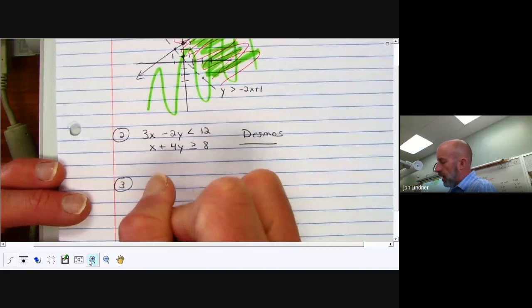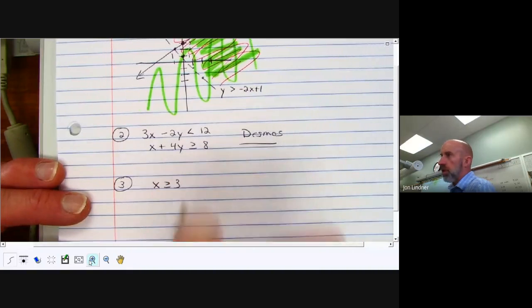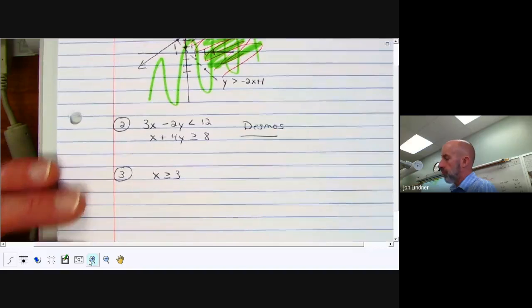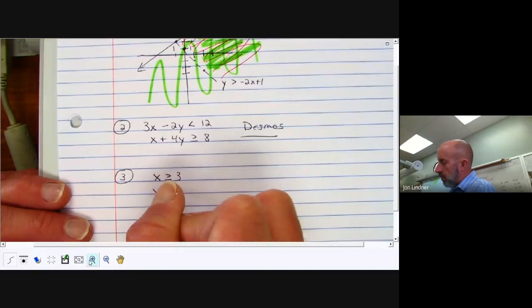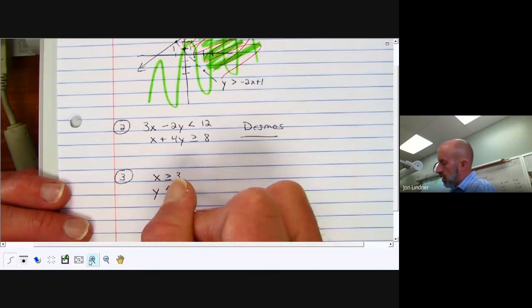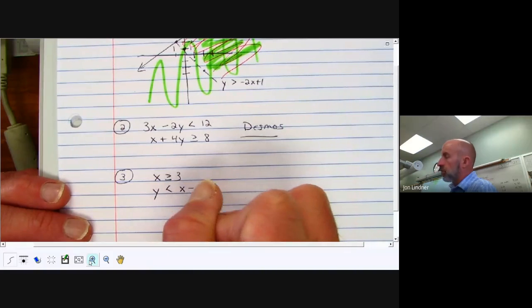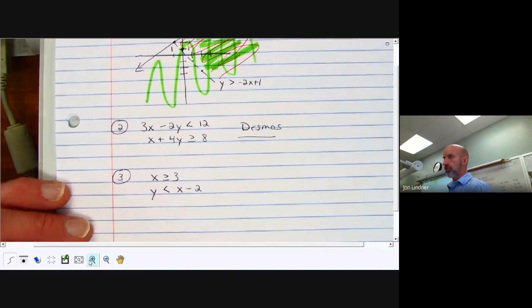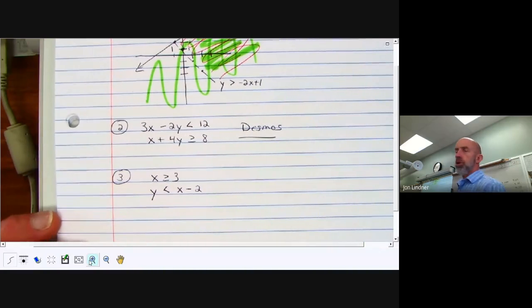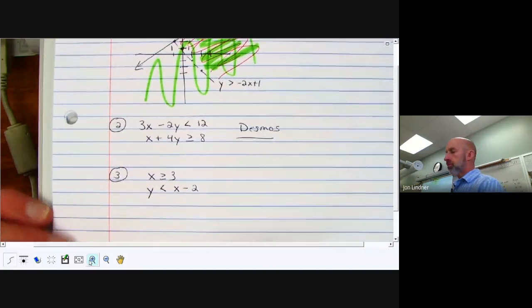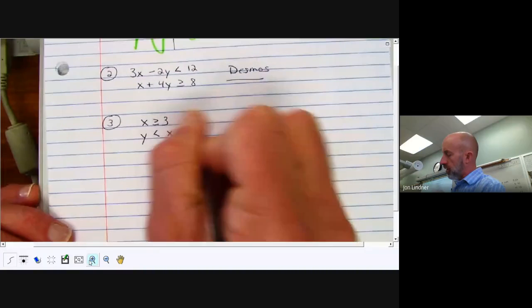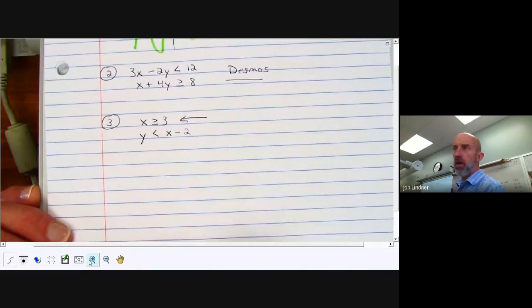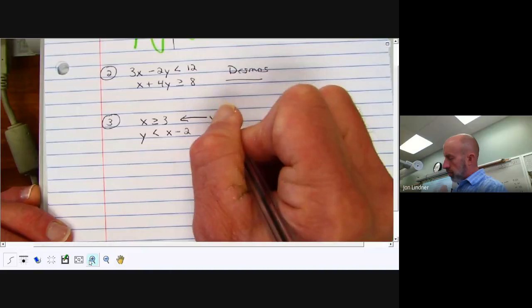What if I had x is greater than or equal to 3 as one of them, and y is less than x minus 2? You don't have to do any solving on that problem. We can go ahead and graph this. Now, you do have to recognize that this one right here is what kind of line? That one is vertical. Good.